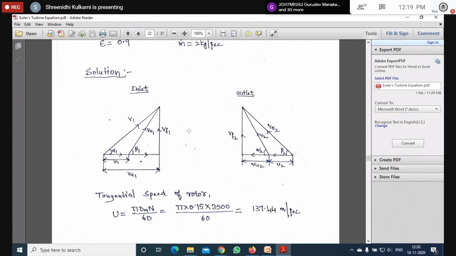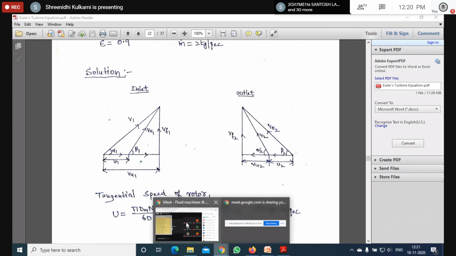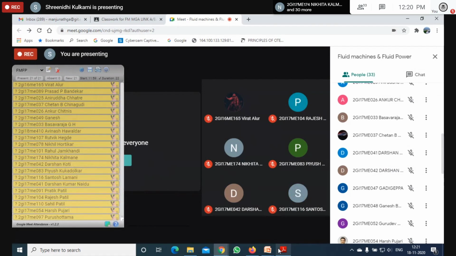So U is equals to pi dn divided by 60, because we have only one diameter. So calculate what is u.